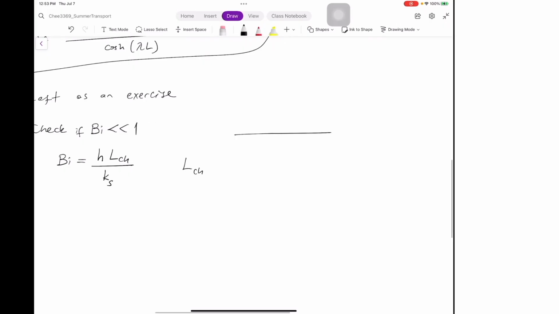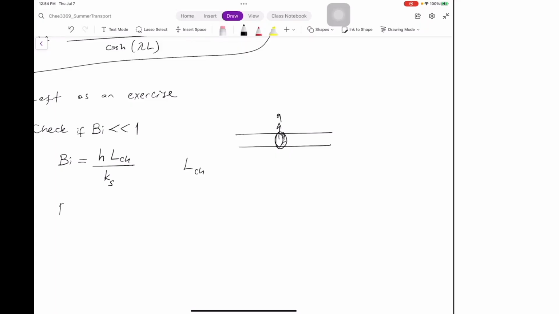So when you take a shell like this, and for heat transfer along this direction, what is the characteristic length?